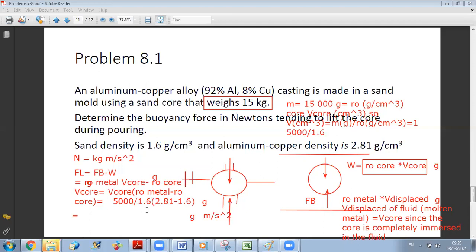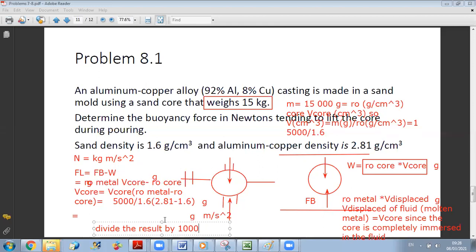But if they ask for Newton, you should divide the result by 1000. Then you get kilogram meter per second square, which is the unit Newton. So the main issue here is to pay attention to units, because everything else is very, very simple.